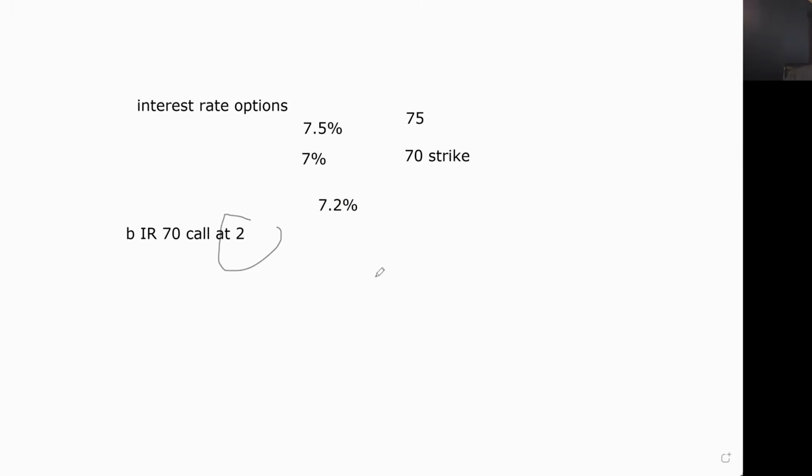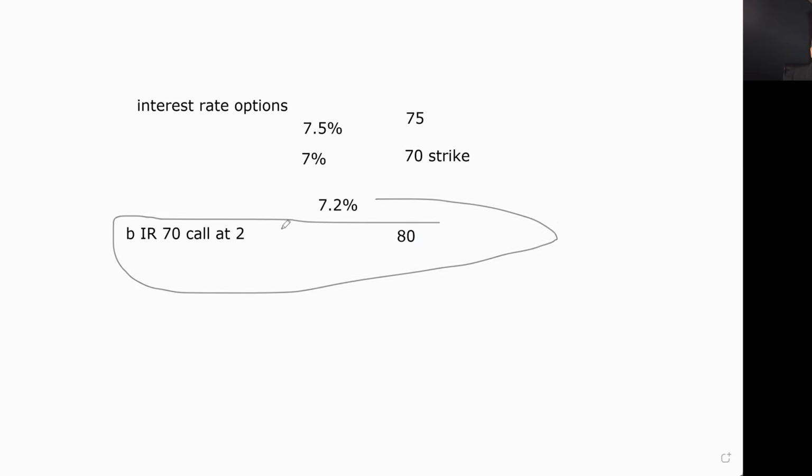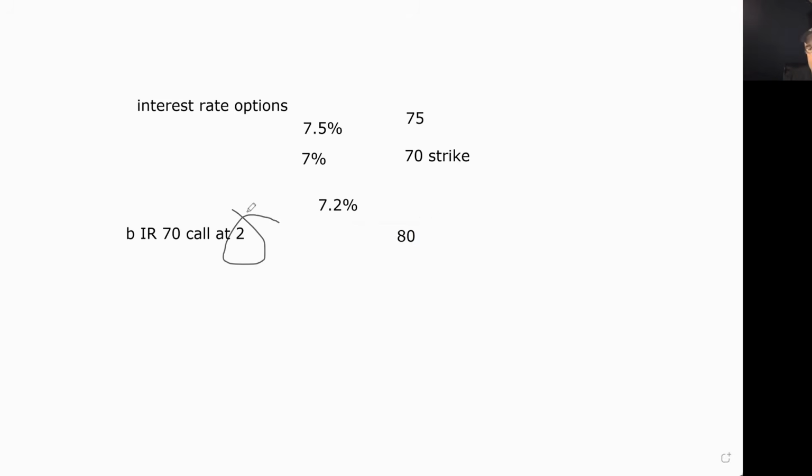And the same thing, they go up. If I exercise, I'm going to get the in the money amount. So if the interest rates went to 8%, that's like 80, I would receive $1,000 because that's the difference, right? 10 times 100 is 1,000. But I would only make 800. So if I think interest rates are going up, I buy interest rate calls.